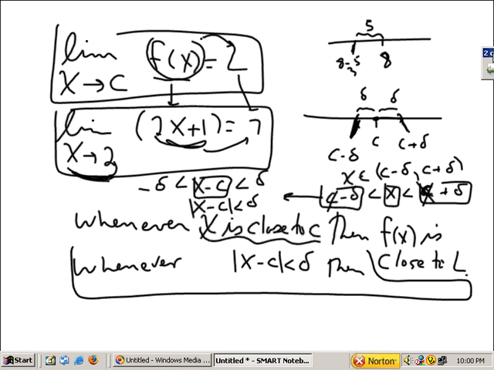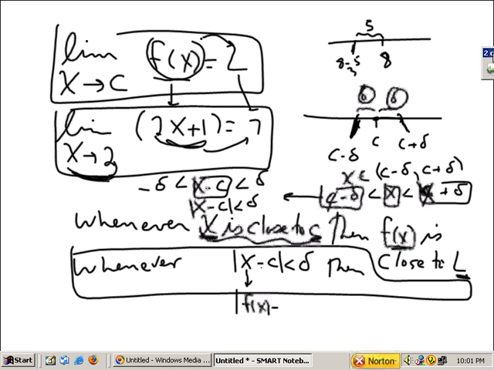and now we have to come back and talk about what it means for f of x to be close to L. And delta is some small number. Well, f of x is like x, and L is like c. So what I'm going to get is very similar. Instead of x, I'm going to have f of x minus L, and I call this epsilon.